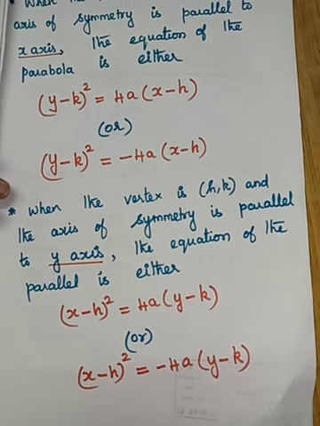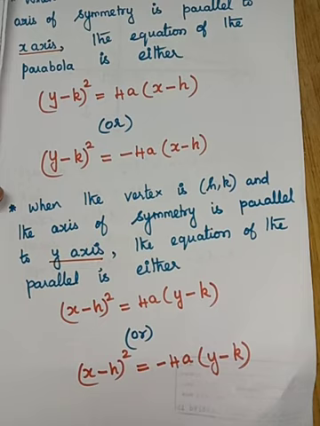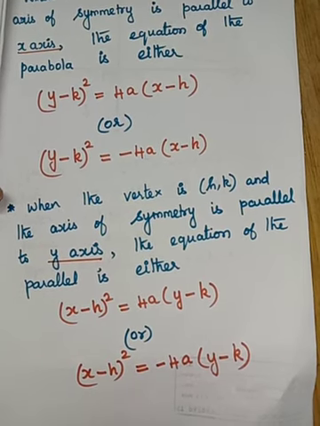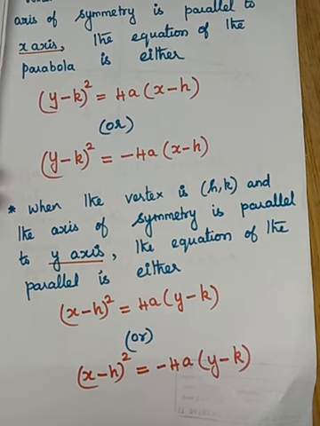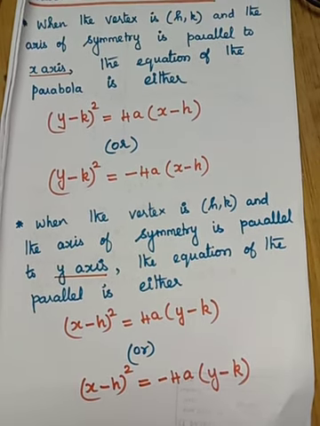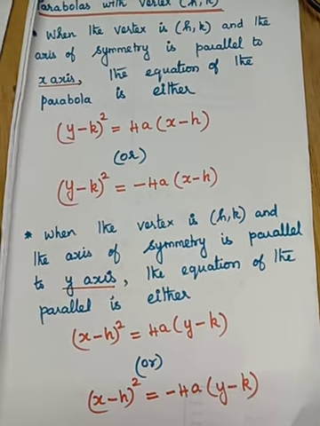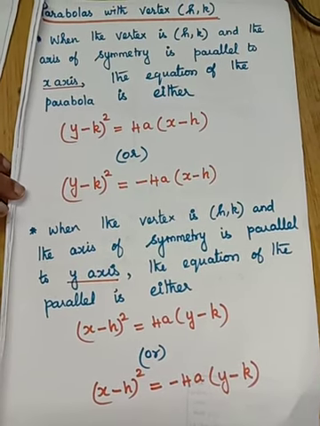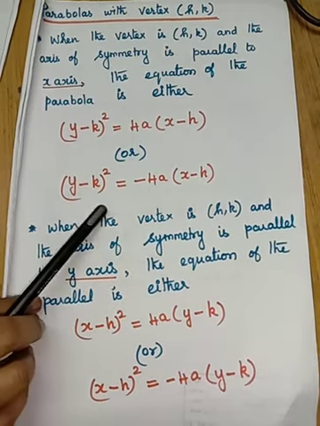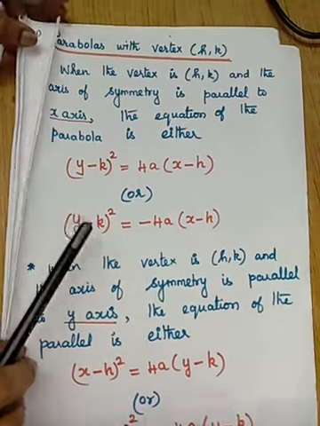The axis of symmetry is the x-axis means the vertex is 0, 0. The axis of symmetry is parallel to the x-axis means the vertex is h, k. You see the diagram and the properties.